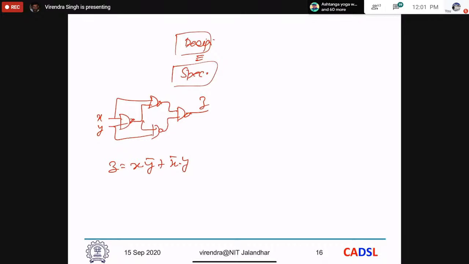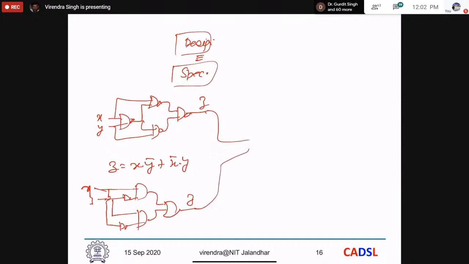To prove the equivalence, I take this design and this expression. One is my design, and this is another design, with inputs X and Y and output Z. If I XOR these two, it is called a miter.